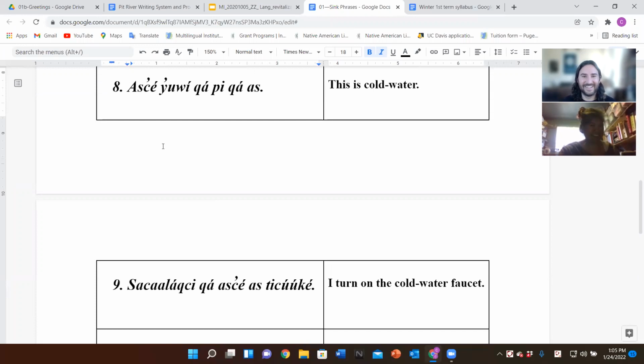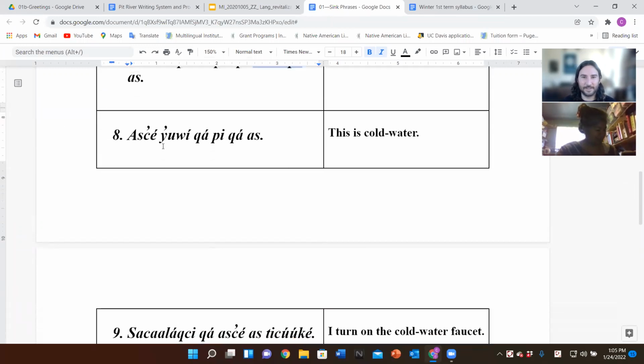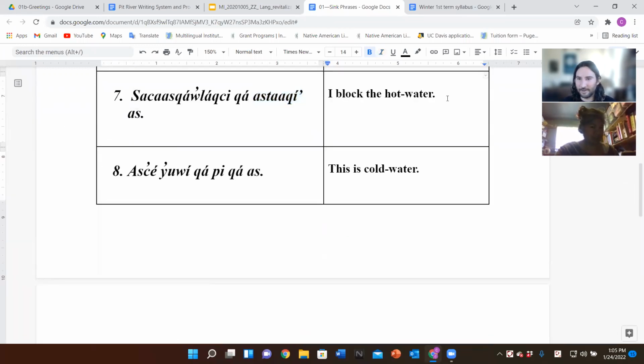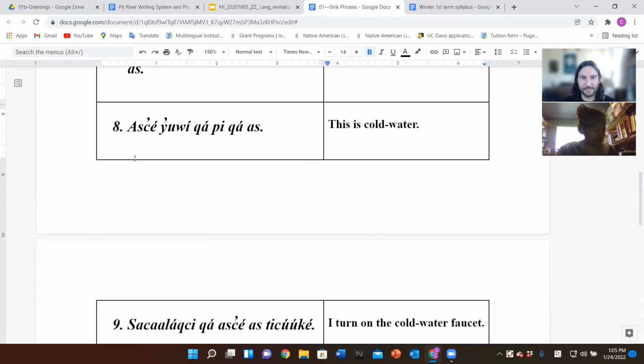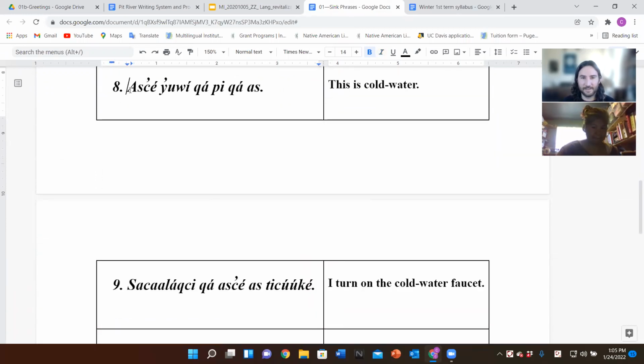All right, cool. Okay, so that's number 7. I block the hot water, I turn off the hot water. So now we're on number 8. So this is asche yui. Asche is cold. Asche yui gabi ga as. Gabi.